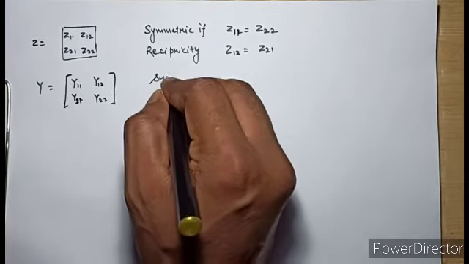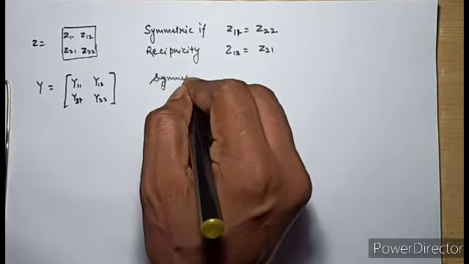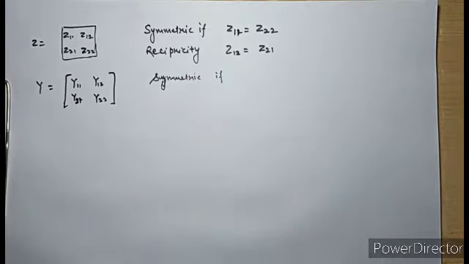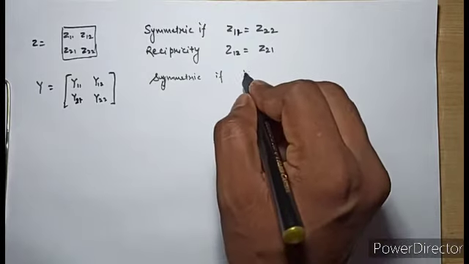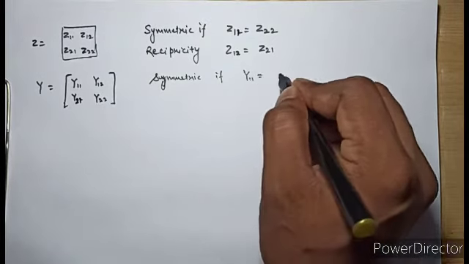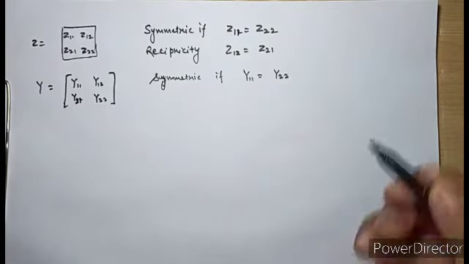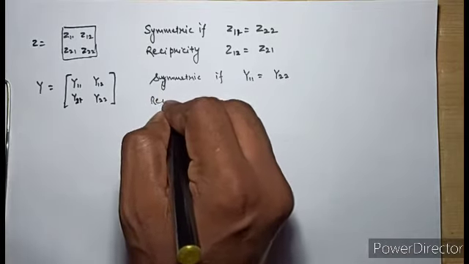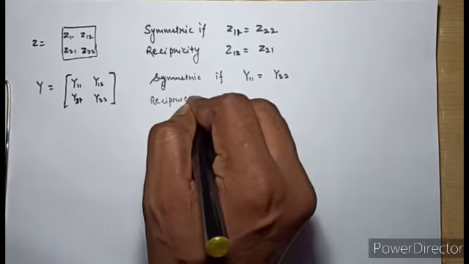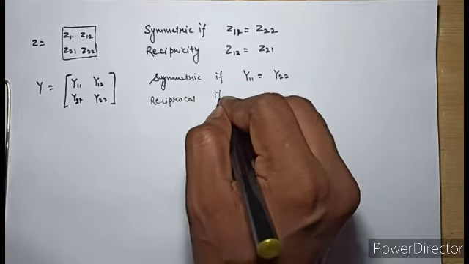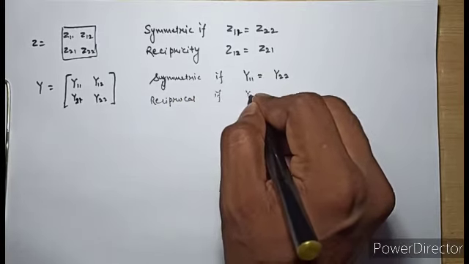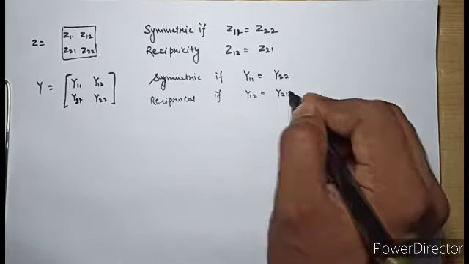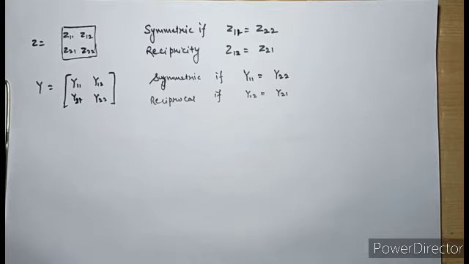Now this network will be symmetric if Y11 is equal to Y22 and it will be reciprocal if Y12 is equal to Y21, right?